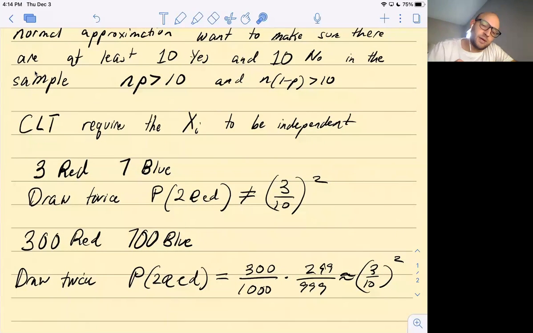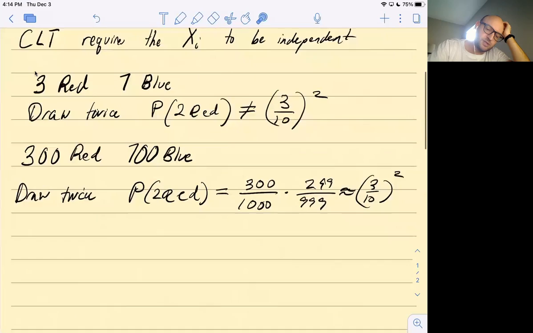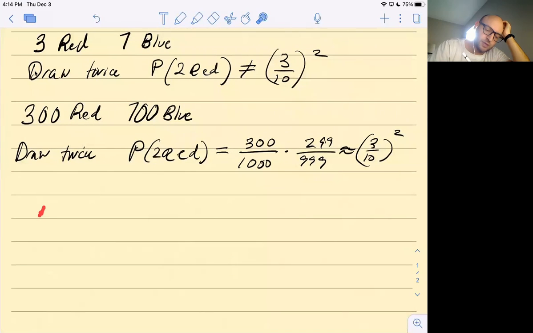So the other idea is that if you look at what this is saying, another way of thinking about this is if you look at the proportion, so NP, and you're right, it is kind of arbitrary. So for NP to be greater than 10, N times 1 minus P to be greater than 10.